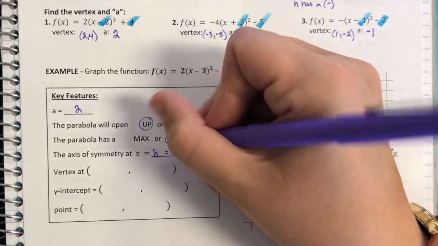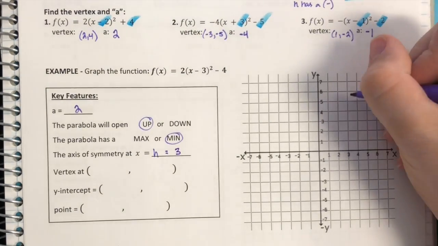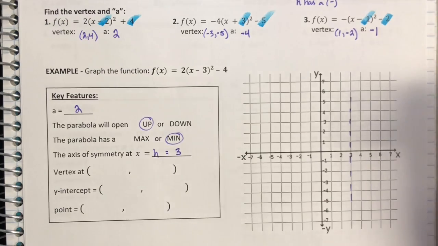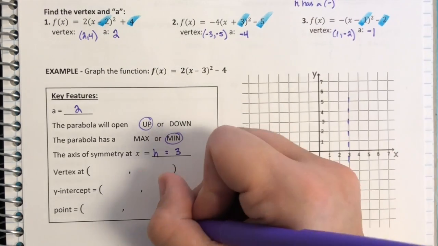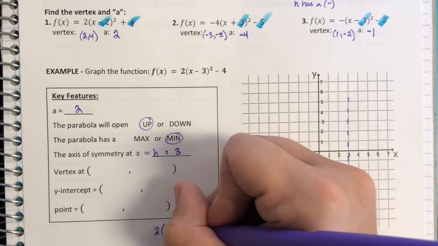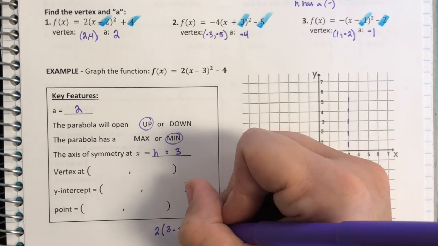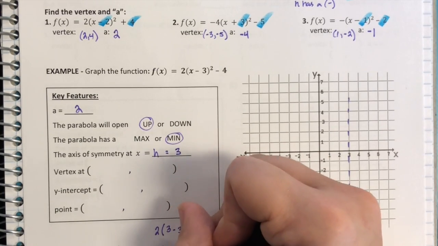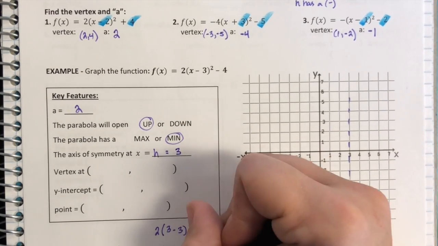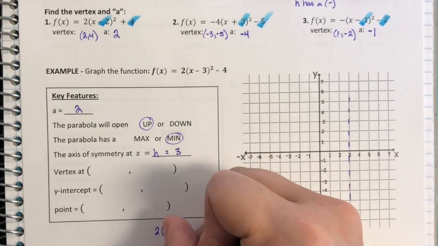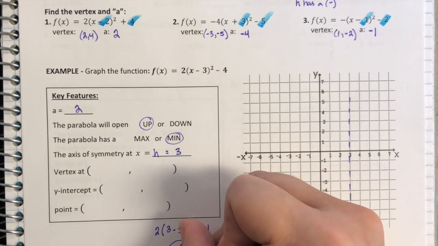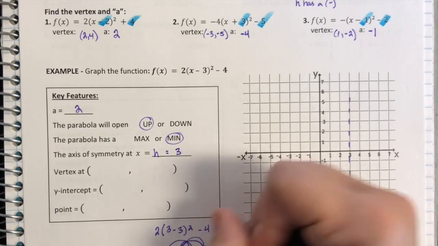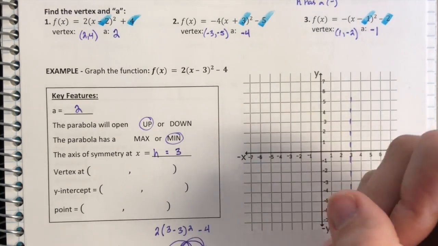So once we know where to find the key information in our functions, the process for graphing a quadratic is pretty much the same. It's really, where's your axis of symmetry? Where on the axis of symmetry will your vertex be? Where's your y-intercept? And then reflecting that y-intercept over the axis of symmetry to get your third point.